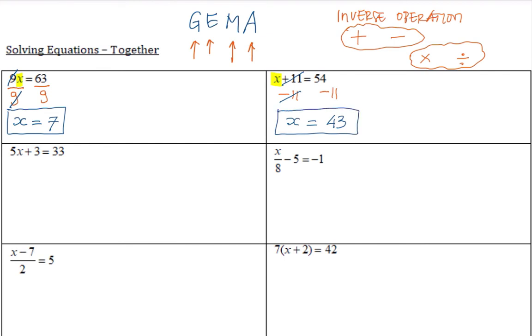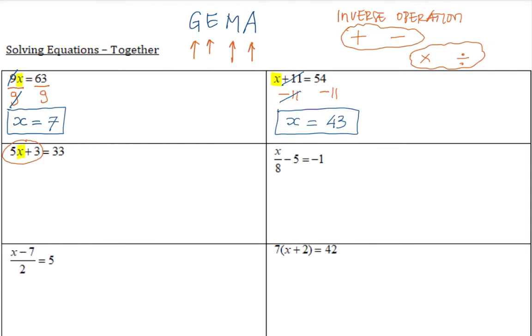When we have a two-step equation, I start exactly the same. I identify where my variable is. This is x, the number or the unknown that I have to figure out in the end. And when I look at how I have constructed this expression, what have I done to x? Remember GEMA.